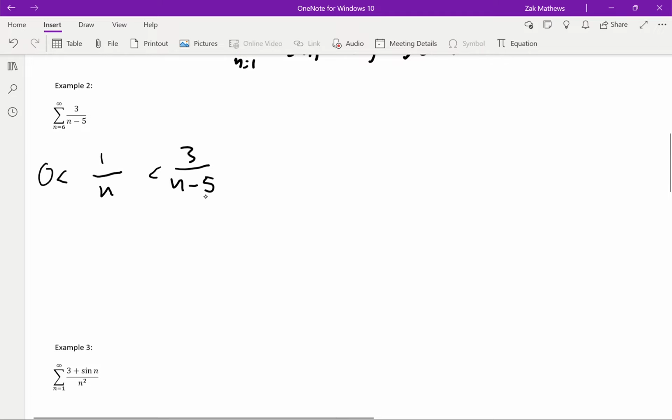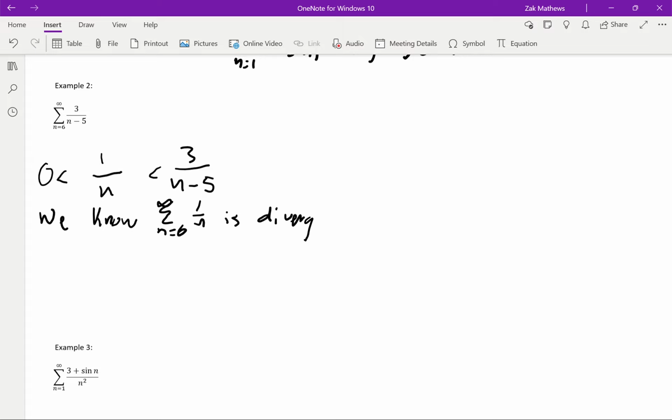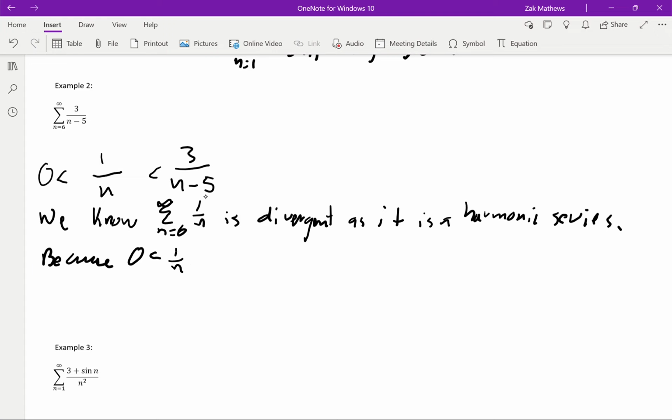So we know the series n equals 6 to infinity of 1 over n is divergent, as it is a harmonic series, because 0 is less than 1 over n, less than 3 over n minus 5.